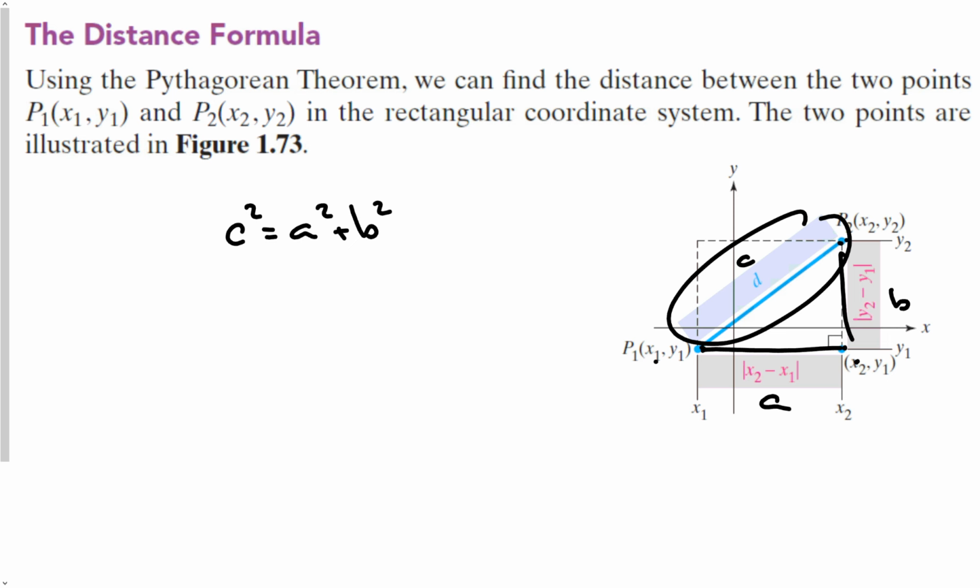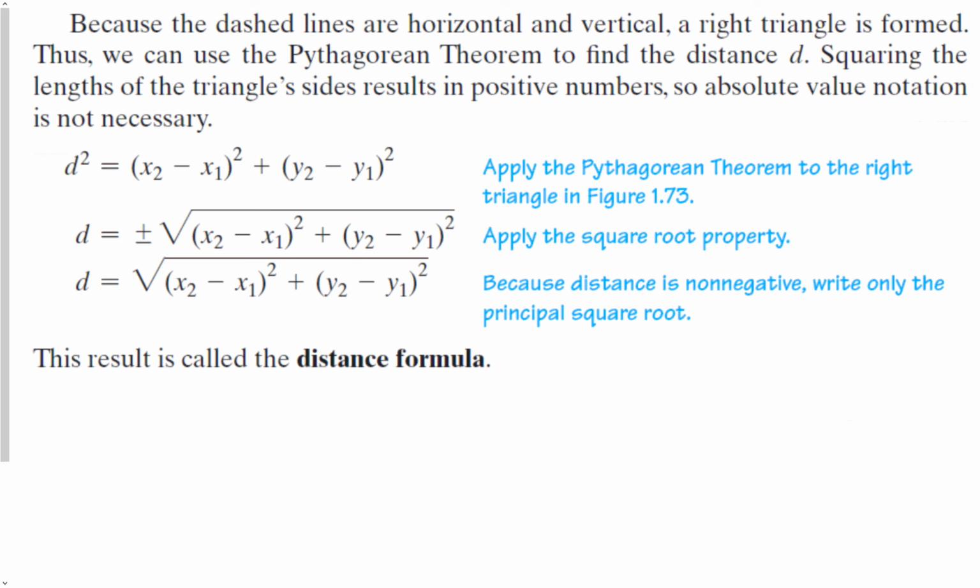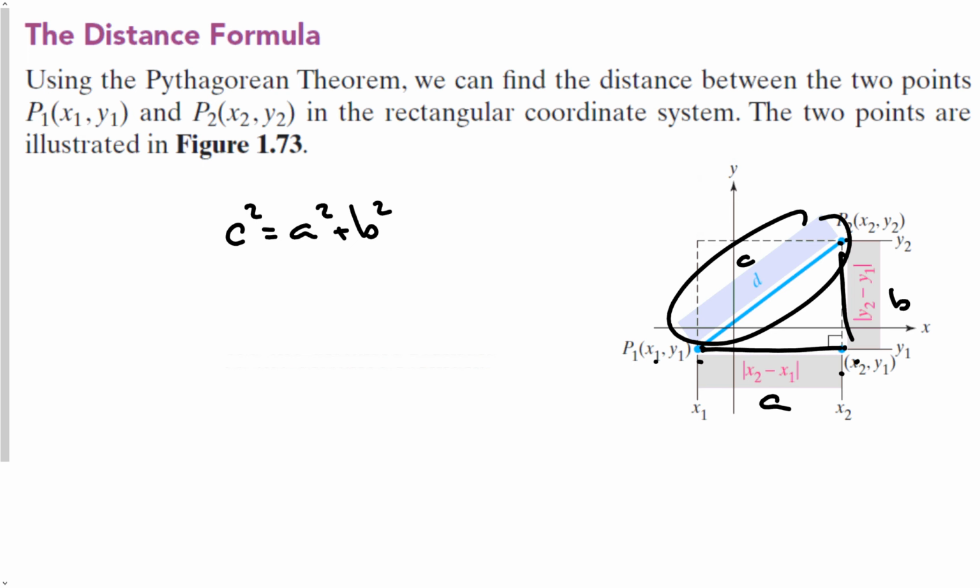So that's the definition of a right angle. Because the little dashed lines are horizontal and vertical, a right triangle is formed. So we can use the Pythagorean theorem to find the distance d. Squaring the length of the triangle sides results in positive numbers, so no absolute value notation is needed, right? No matter where I start, it does not matter if this distance is positive or negative.